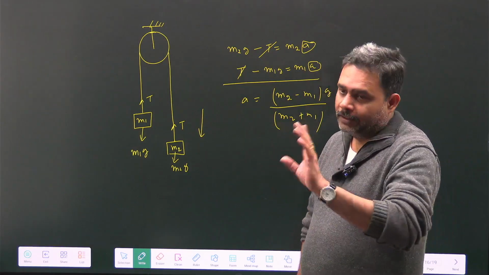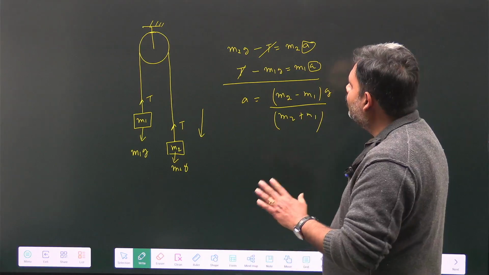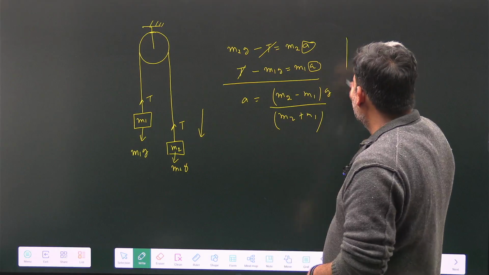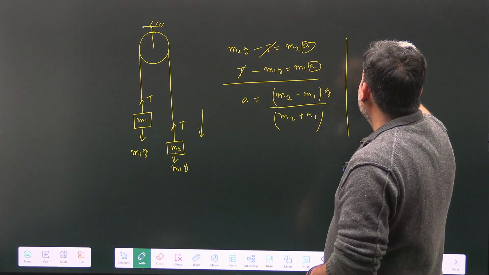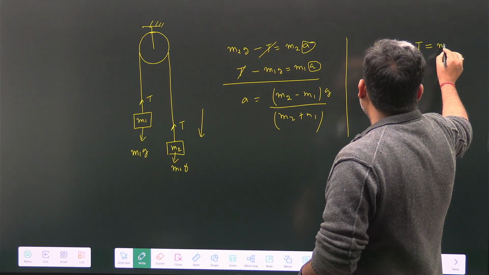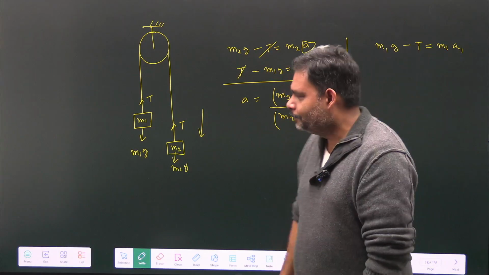So why do we have to go fundamentally, using the equation of constraint? Let's go for this particular thing. How would I solve this problem? I will write m1g minus T is equal to m1a1, saying its acceleration is a1.